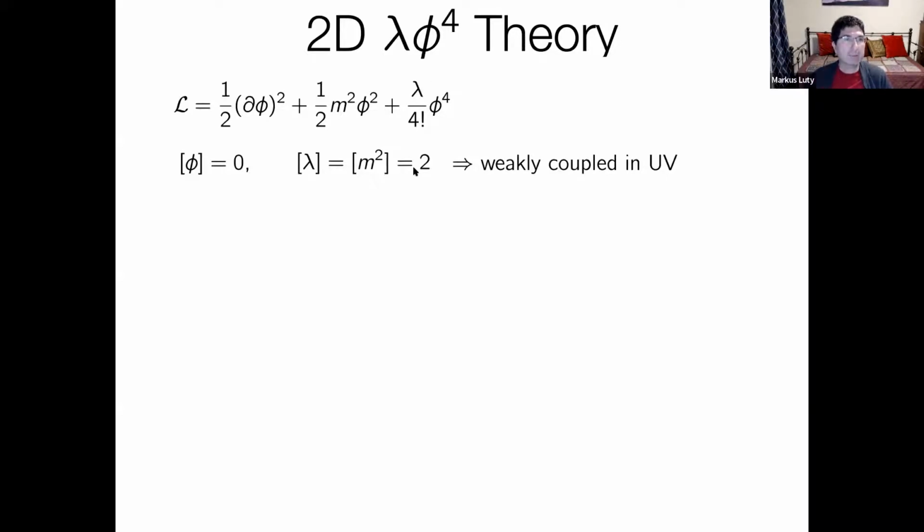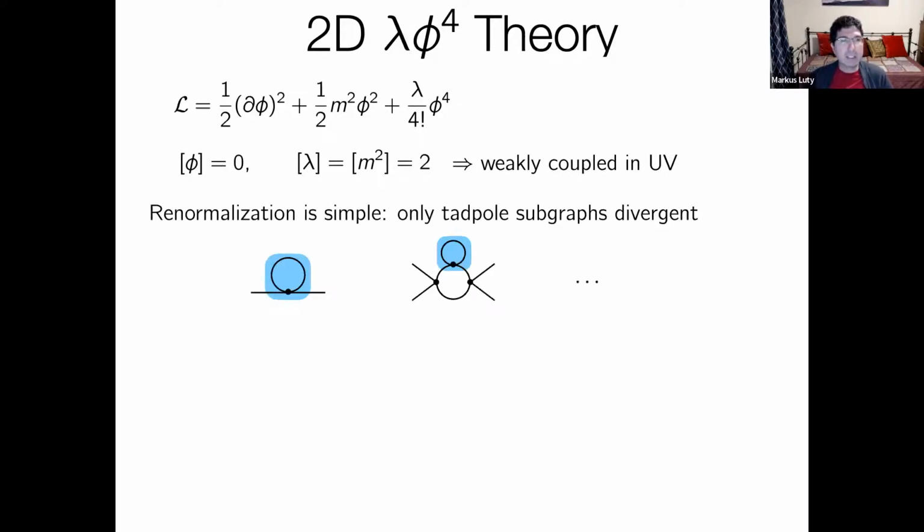So this is a super renormalizable theory, or better said, it is very weakly coupled in the UV, because it has a coupling with positive mass dimension. And renormalization is extremely simple in this model. Only tadpole subdiagrams are divergent.